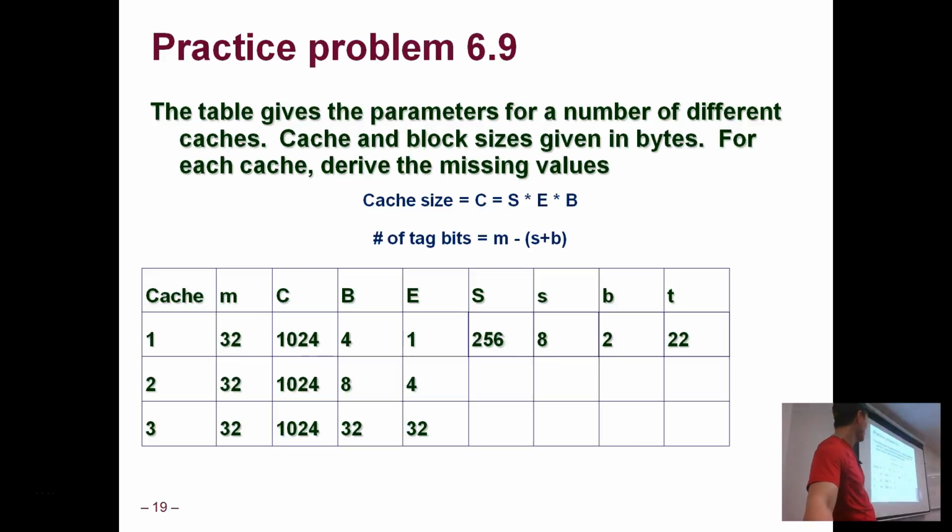Those are the 4 bytes. The little m is the number of bits in your address. So I have to give that to you in order to get you the number of bits in the tag.